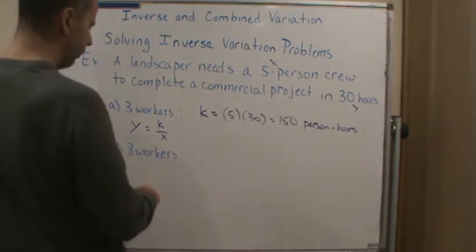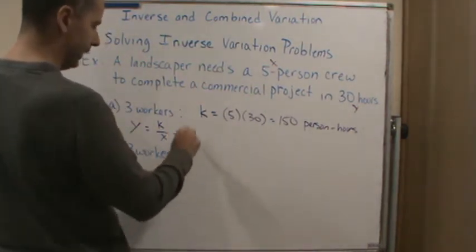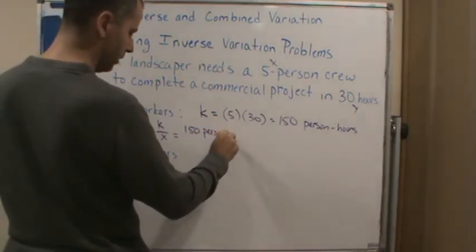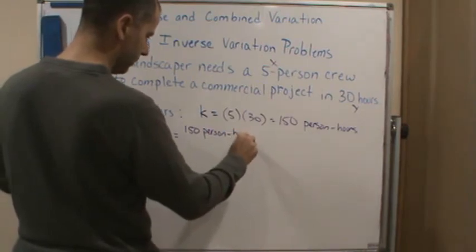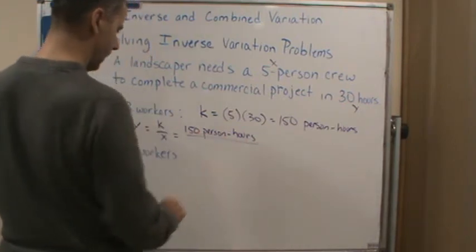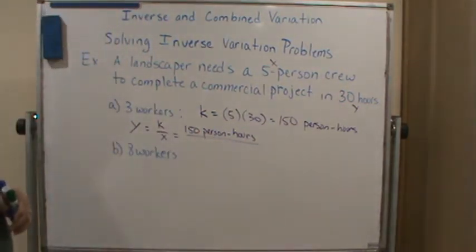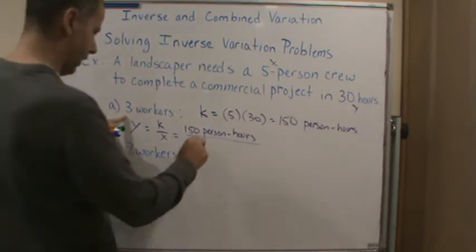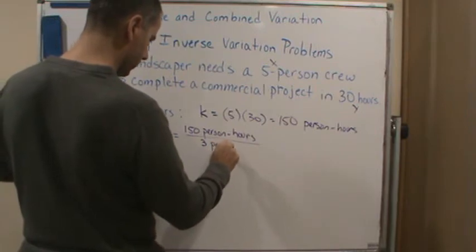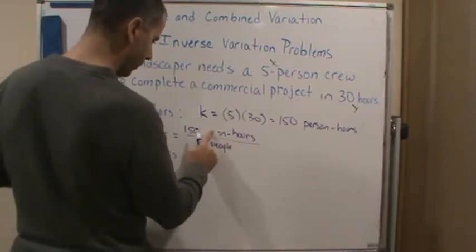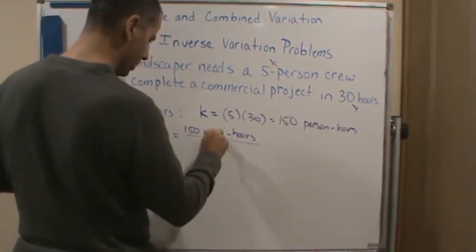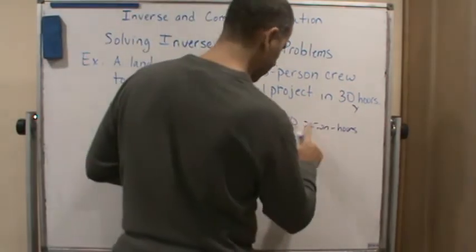Okay, and so now K is 150, and again, this is worker hours, over X. Well, X is 3 workers, 3 people. Or in this case, if we want to be consistent, let's put this worker hours.